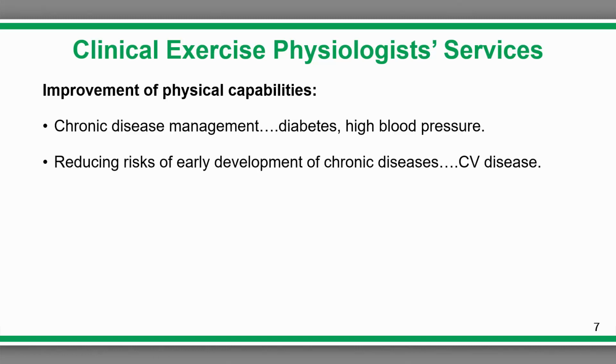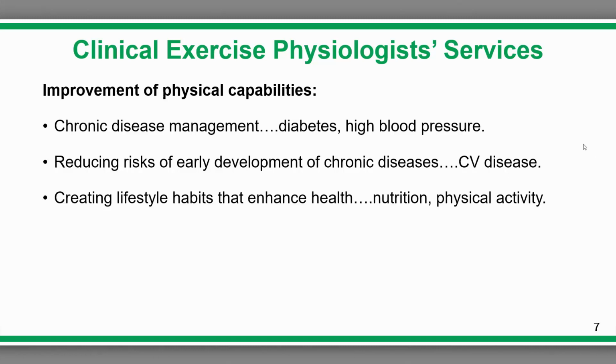The improvement of physical capability will also help to reduce the risk of either the early development or further exacerbation of various chronic diseases. And one such example is cardiovascular disease.